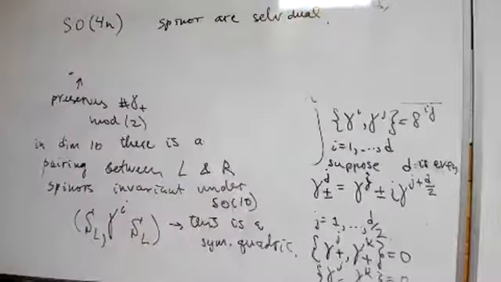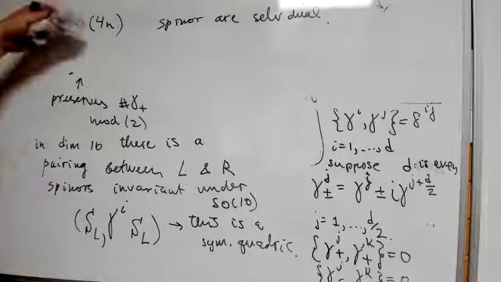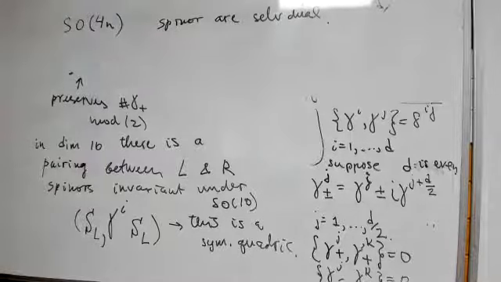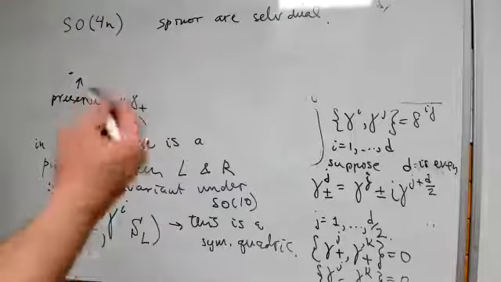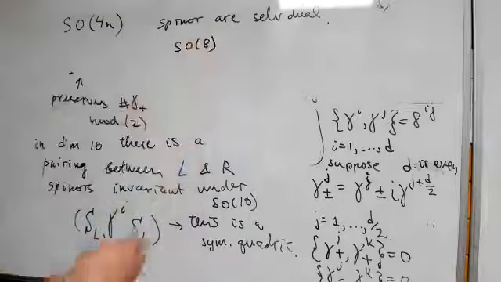So the dual representation to a spinor is a spinor representation. So how do we easily see it? Consider the very famous SO8.